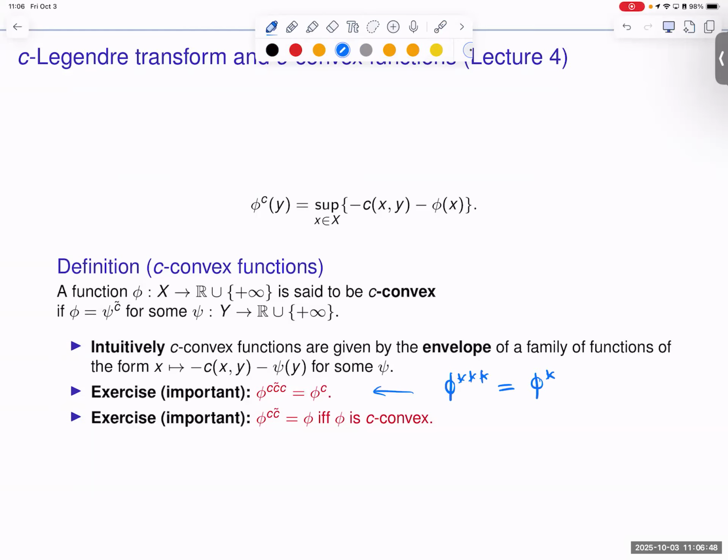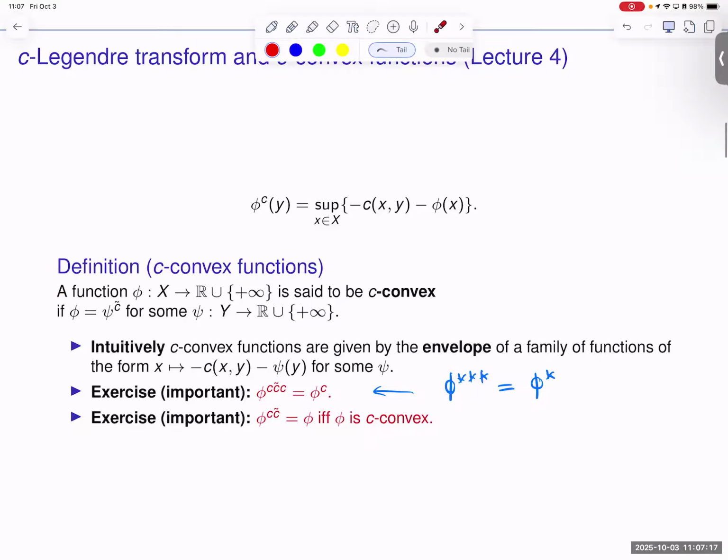So this corresponds to this result here. You take C-Legendre transform 3 times. That is the same as taking C-Legendre transform only once. Okay, and here is another theorem that being a C convex function, it's the same as this double Legendre transform is equal to phi. Okay, so these are your exercises, and you really want to do these exercises.